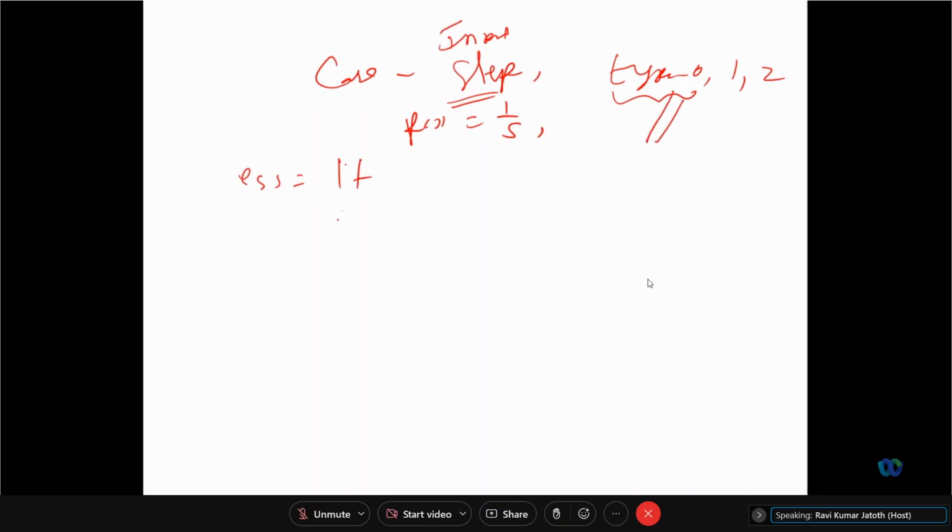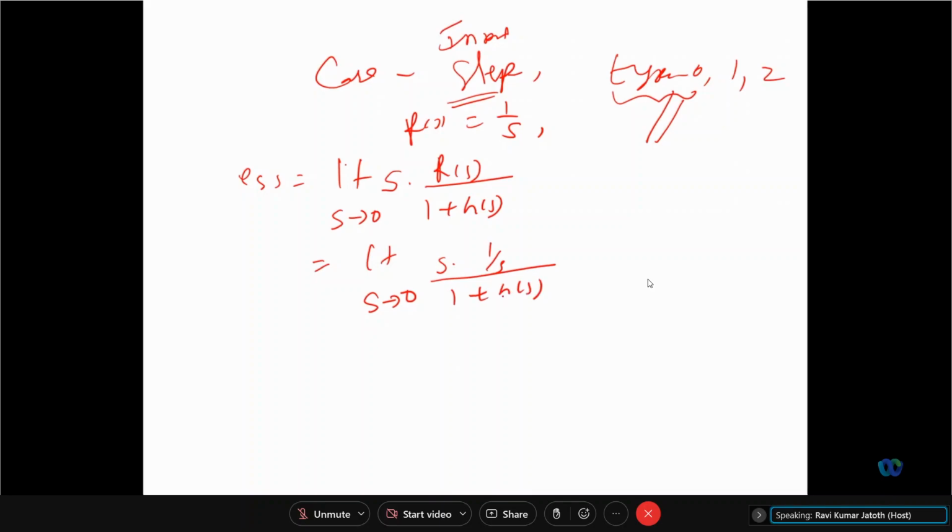ESS is limit S tends to 0 of S times E of S. E of S is R of S by 1 plus G of S. If it is type 0 system, R of S is 1 by S, 1 plus G of S.